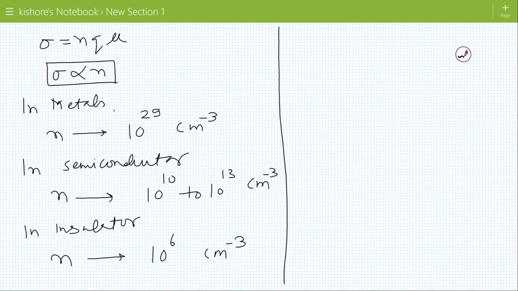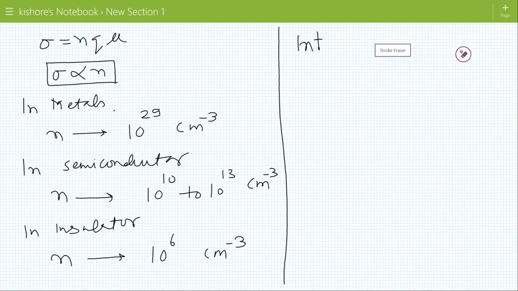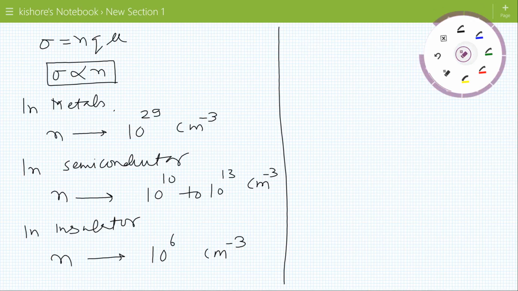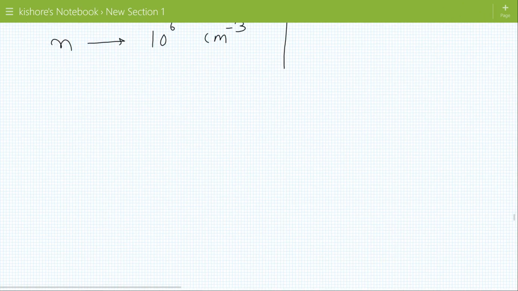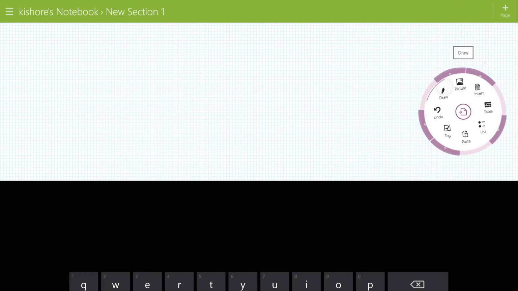Now let us see the intrinsic semiconductor.